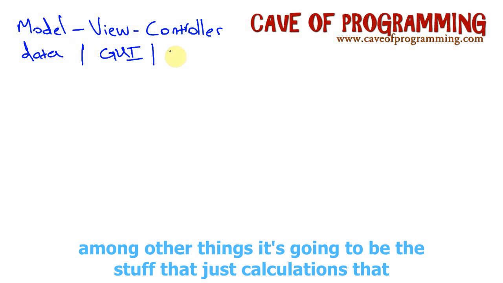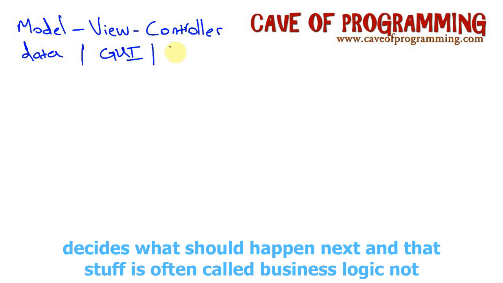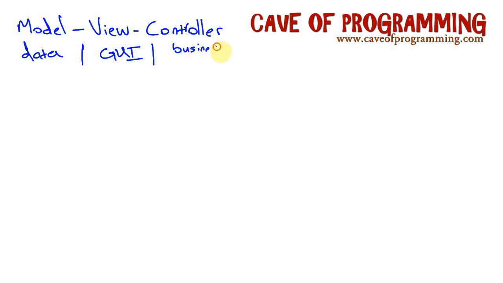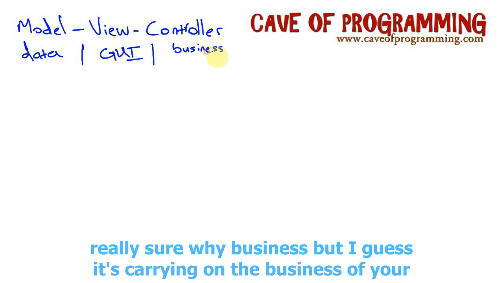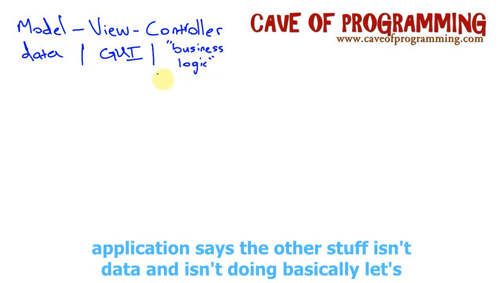Among other things, it's going to be the stuff that does calculations or decides what should happen next, and that stuff is often called business logic. I'm not really sure why business, but I guess it's carrying on the business of your application. So it's the other stuff that isn't data and isn't GUI, basically.